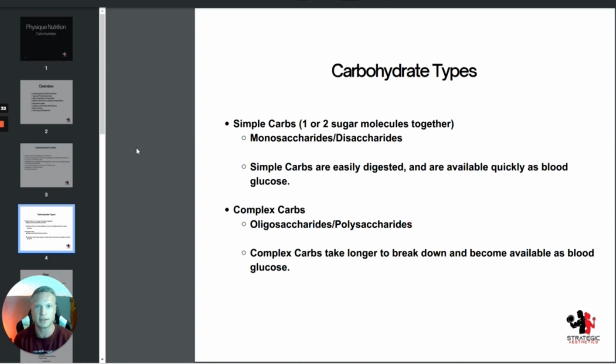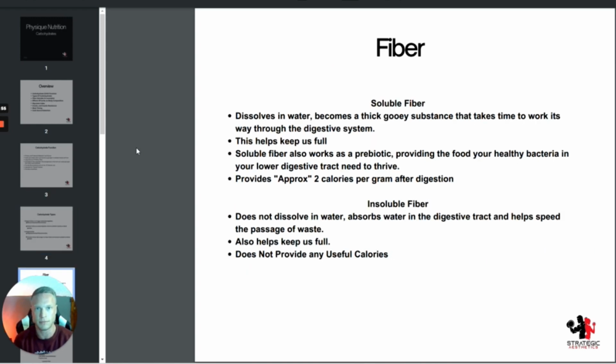Our complex carbohydrates are our oligosaccharides or polysaccharides, which are much longer chains of these saccharides, these sugar molecules, connected together. So a complex carb will take a little bit longer to break down and become blood glucose, whereas the simple carbs are a little more readily available and will cause a higher blood sugar spike quicker.